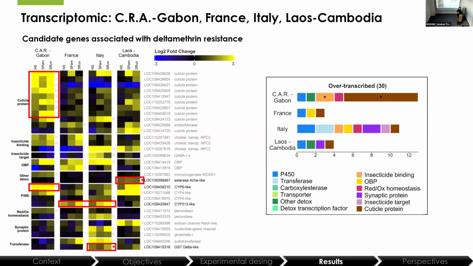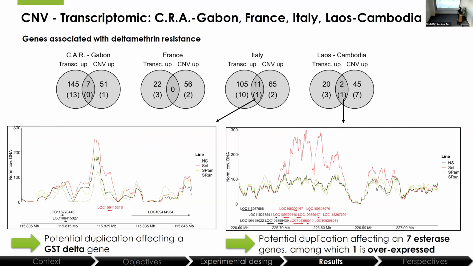So if we zoom again, here you have the genes overexpressed and the genes with copy number variations. And in Italy, this candidate gene, which is the GST delta, we can see that it's potentially duplicated in the selected line.